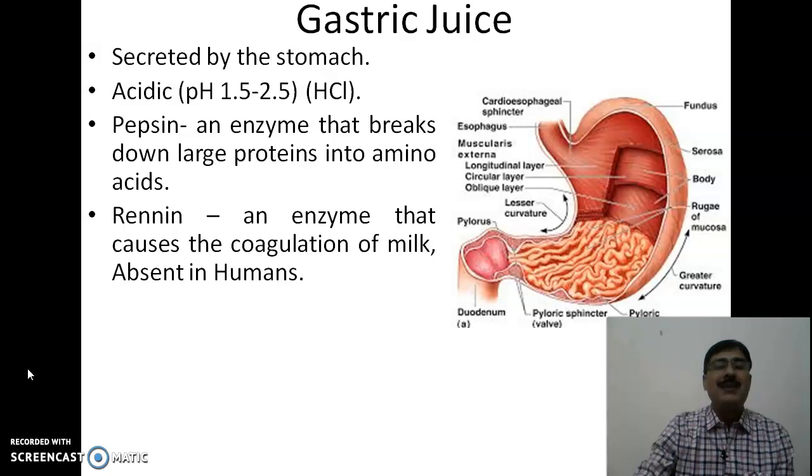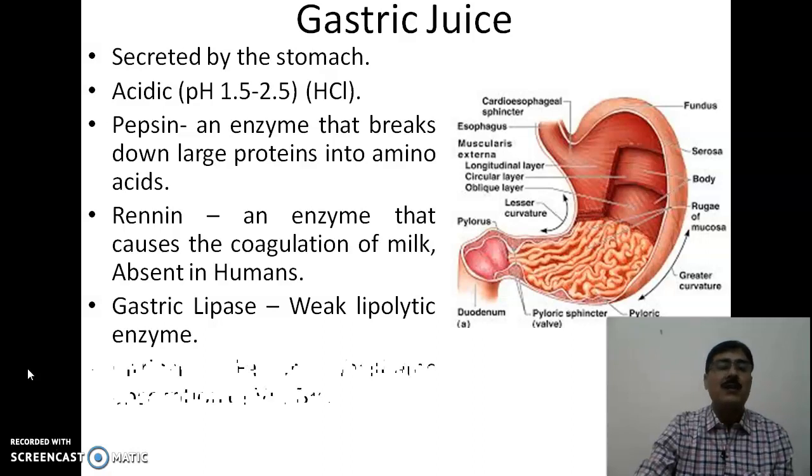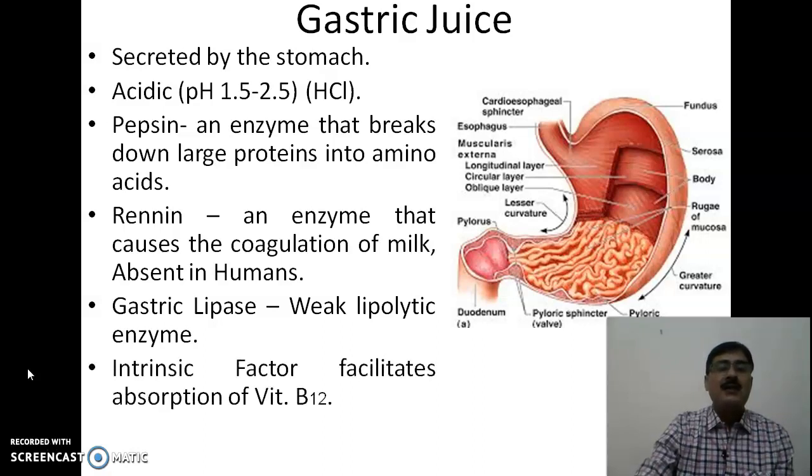Renin, a milk curdling enzyme which is responsible for coagulation of milk, but it is absent in human beings. The gastric lipase, which is a weak lipolytic enzyme. Lipolytic means those enzymes which act on the lipid food material. And an intrinsic factor which facilitates the absorption of vitamin B12, that is cyanocobalamin.